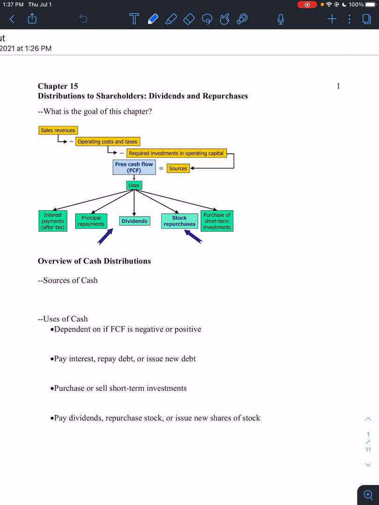Because if one of them was the absolute right choice to maximize firm value, well, then every company would be pursuing that choice, right? And so this is another area where there is no absolute right answer as to when should a firm start issuing dividends? How much should they issue in dividends?